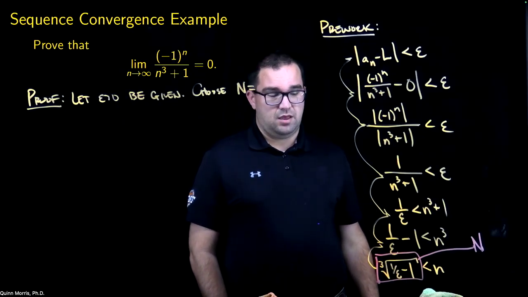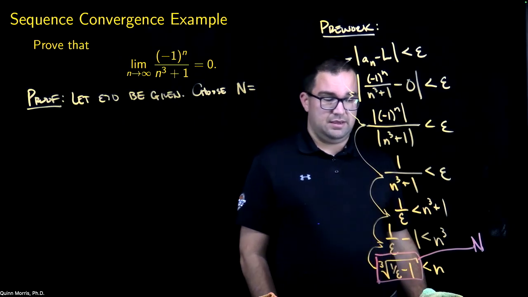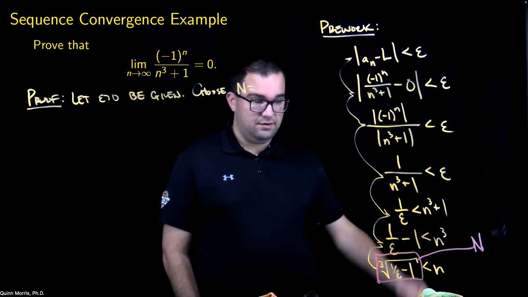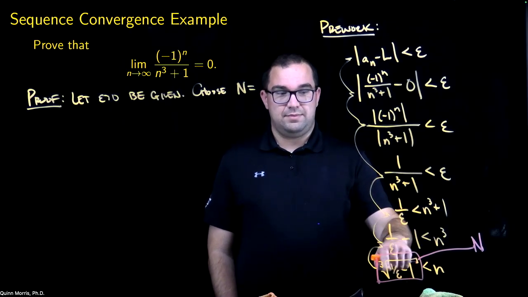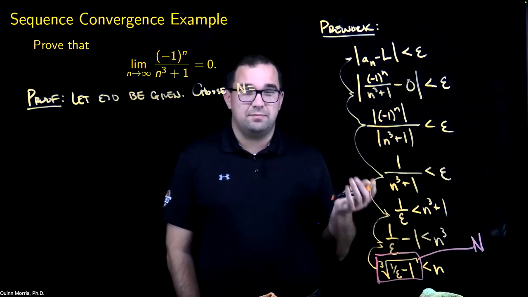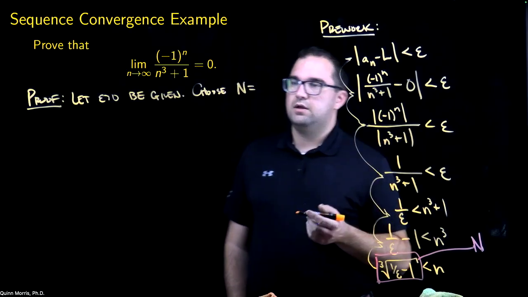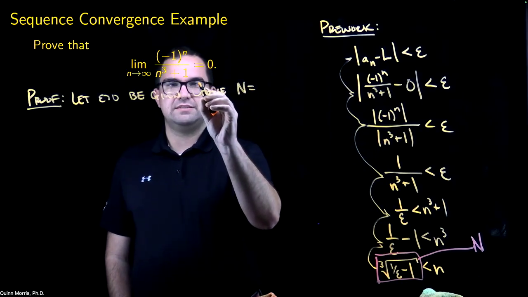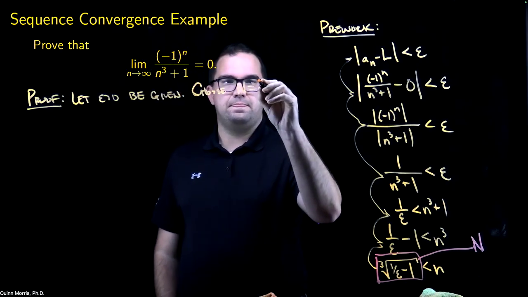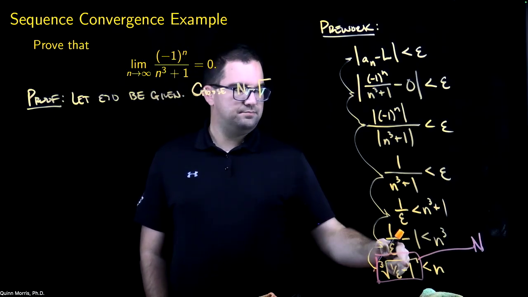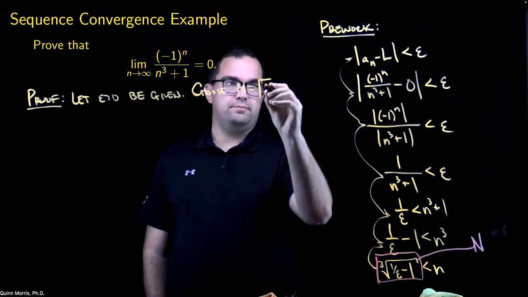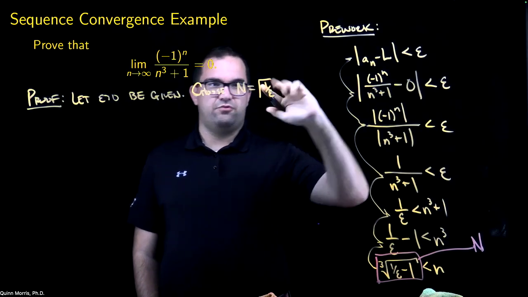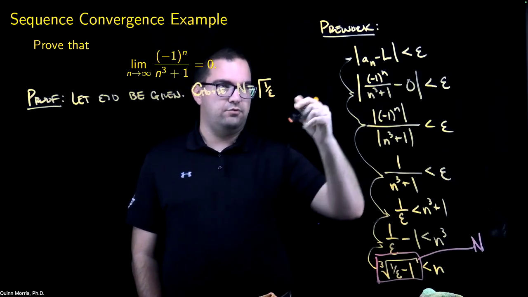If I take epsilon, say, to be 3, this would be 1/3 minus 1. That'd be negative 2/3. That's going to give me some negative number. So one way we fix this is we often say, take this value and round it up to the closest natural number. This is like the floor function, but the other way around.